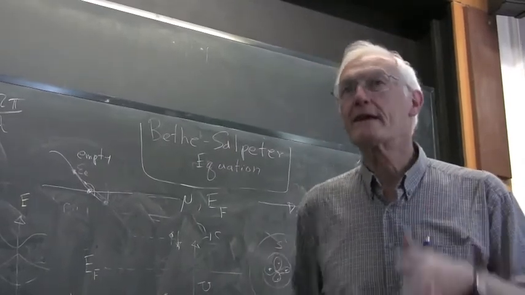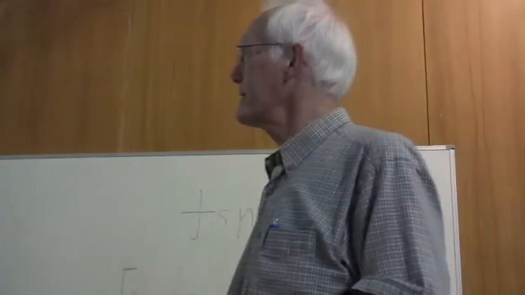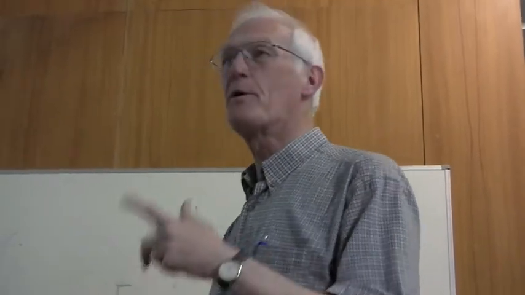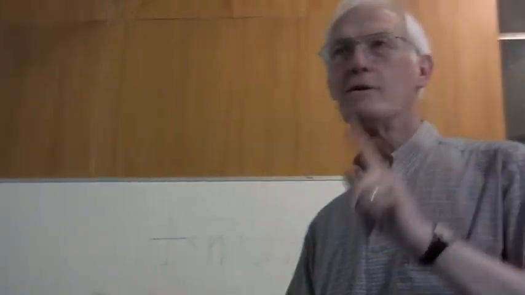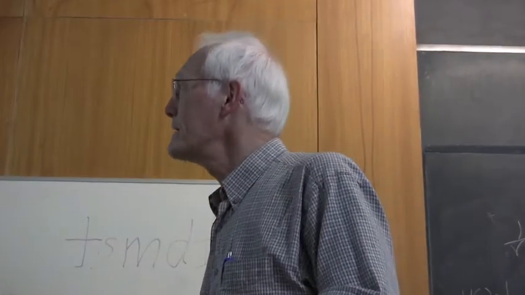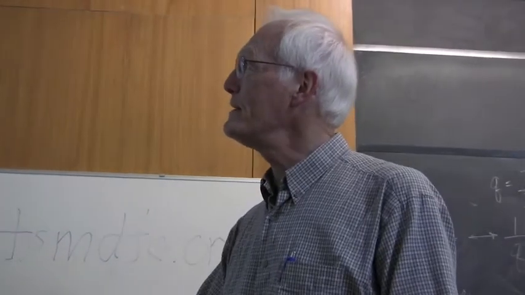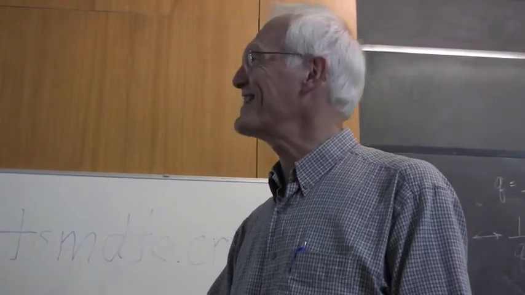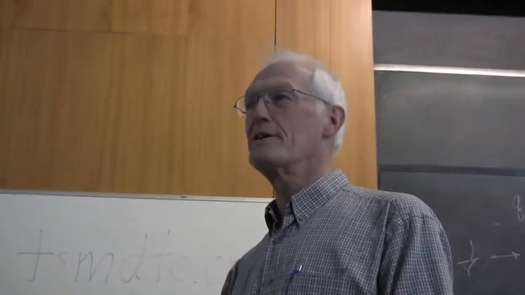So what doesn't it do, you might ask? And what doesn't LDA plus U do? I want to go to this DMFT, but I'd like to point out what's going to be the major building block for this dynamical mean field theory: you need to identify some local orbitals, and you need this parameter called U, which is the interaction on those orbitals, and it's already there in this calculation.